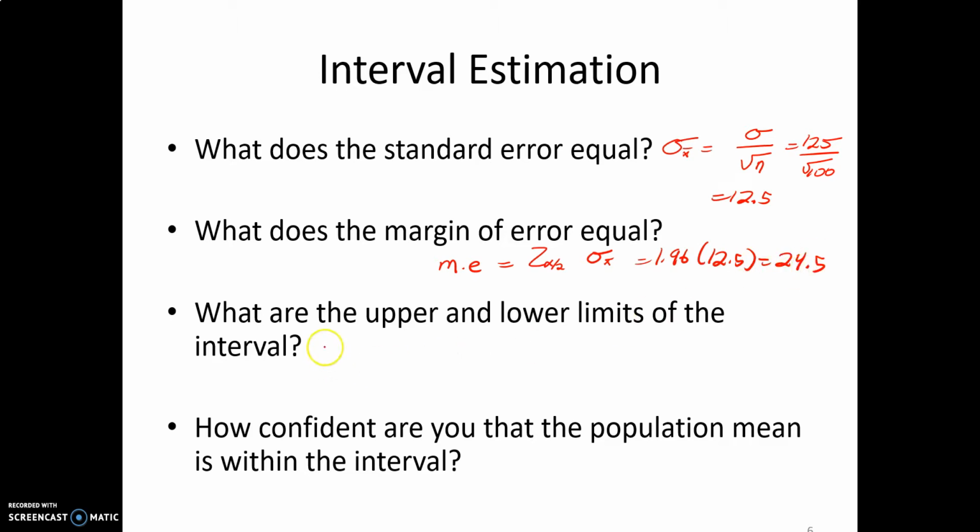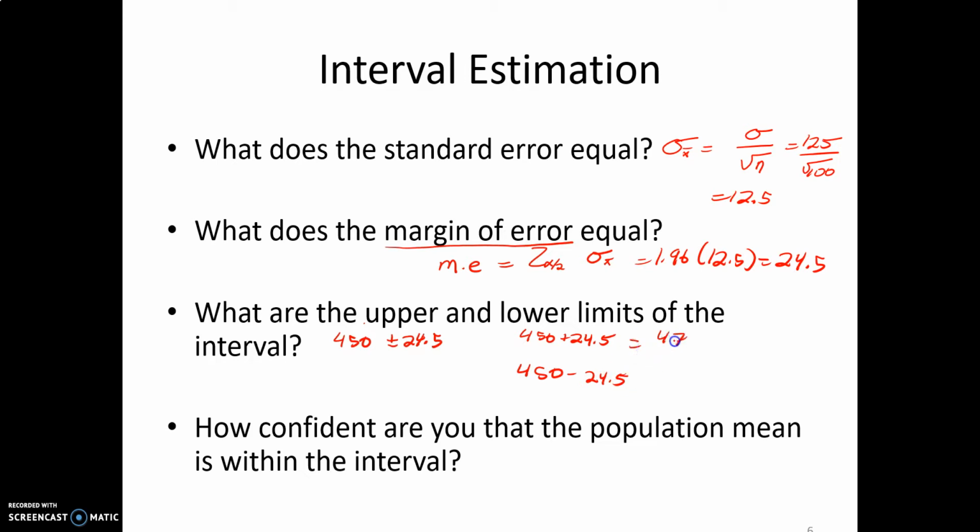So this was 24.5. What are the upper and lower limits of the interval? Well, the interval estimation was 450 plus or minus 24.5. Everything after the plus and minus is this margin of error. So the upper limit will be 450 plus 24.5, and the lower limit will be 450 minus 24.5.